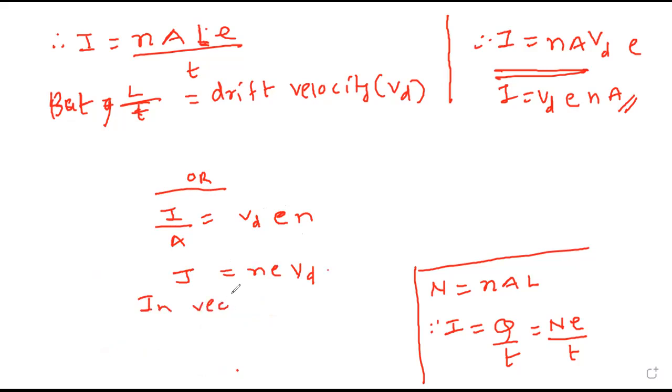In vector form, J is opposite to E, so we can say J is minus n e into drift velocity in vector form, because the direction of electron speed is opposite to that of current. Complete till this.